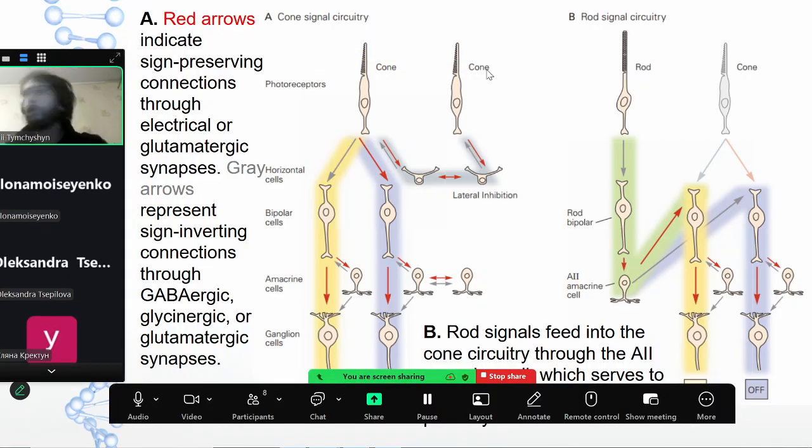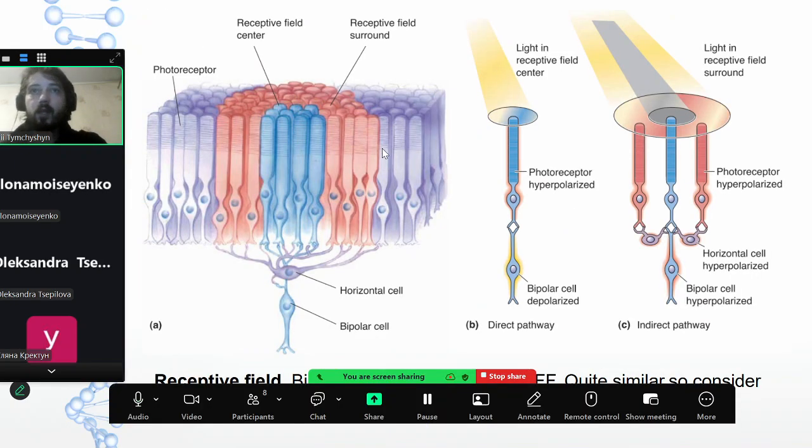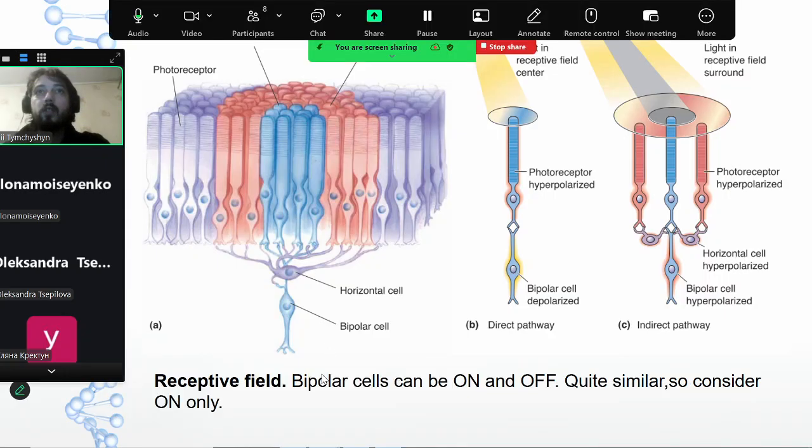Maybe I will show you first this thing, and then we will get back to that simplified view. So here you see something called a receptive field. These receptive fields can basically be divided into two large categories.